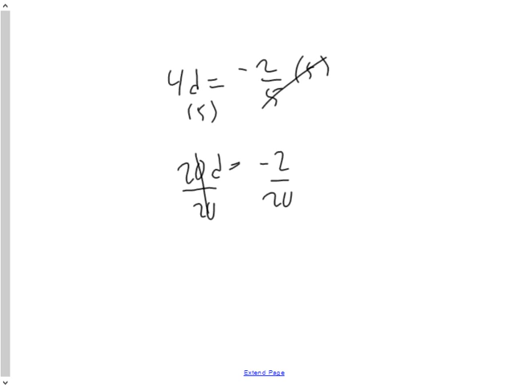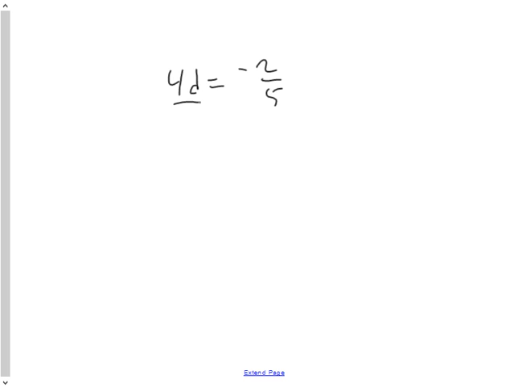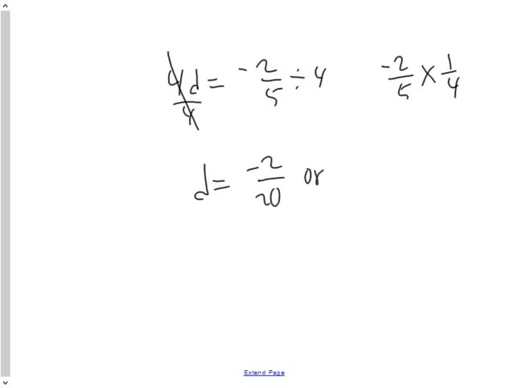However, most of you probably did this: divide by 4 and divide by 4. In doing so, you've isolated for d, and the quotient of negative 2/5 divided by 4, which is the same thing as negative 2/5 multiplied by the reciprocal of 4, would be negative 2/20, or negative 1/10.